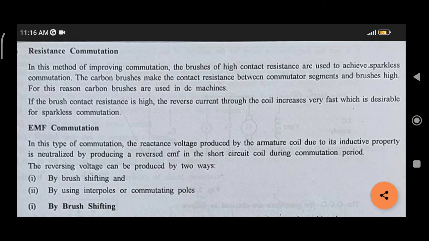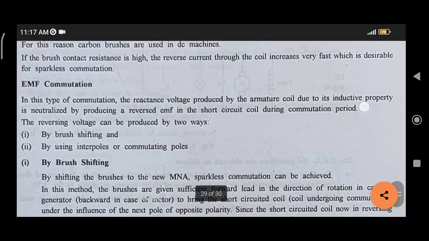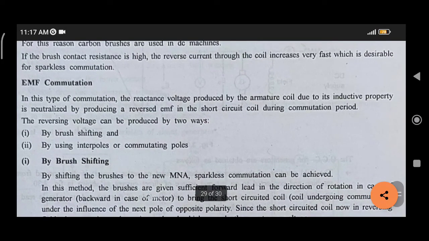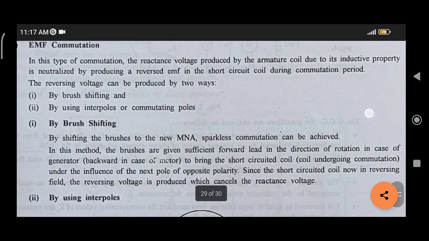Okay, so for this reason we use carbon brushes. This is also an answer to why we use carbon-made brushes. It provides a high resistance. So if the brush contact resistance is high, the reverse current through the coil increases very fast, which is desirable for sparkless commutation.